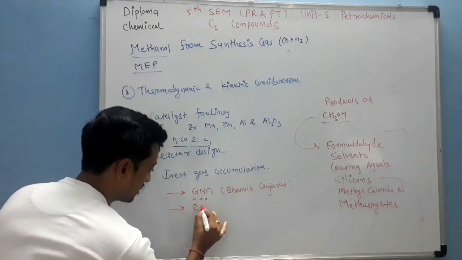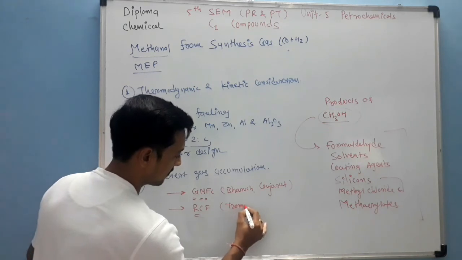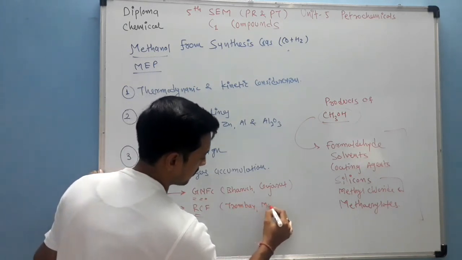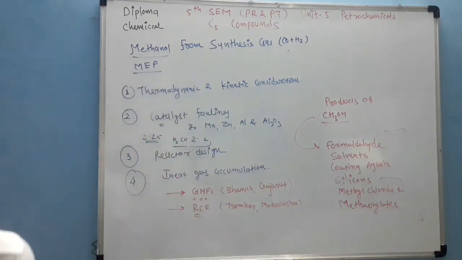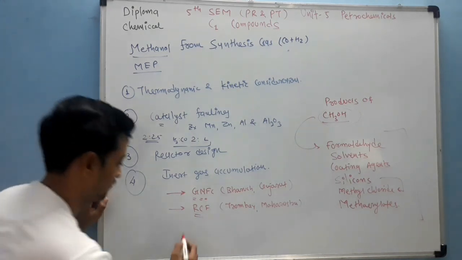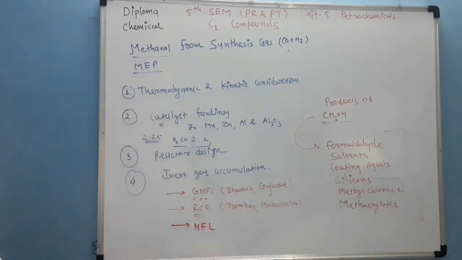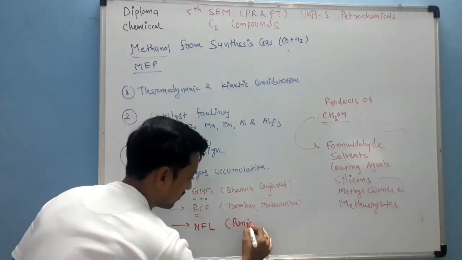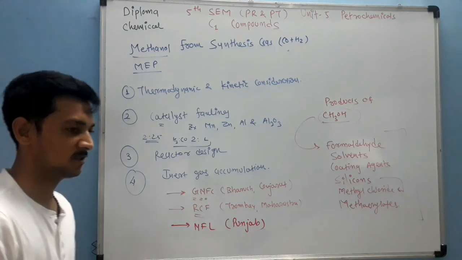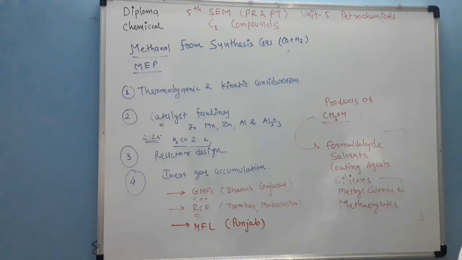Then RCF, Rashtriya Chemicals and Fertilizers, RCF Trombay, Maharashtra. Okay, third one is NFL, National Fertilizers Limited, Punjab. Okay, these are the 2 or 3 companies which are manufacturing methanol.